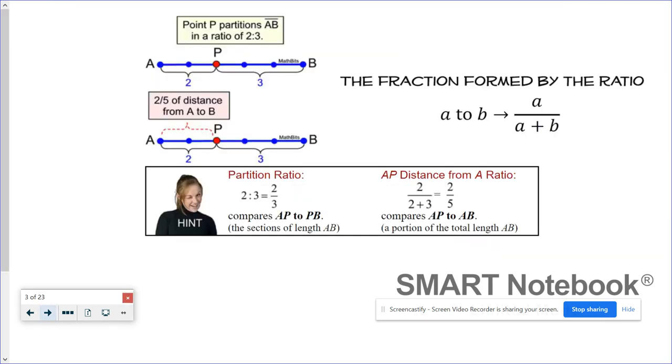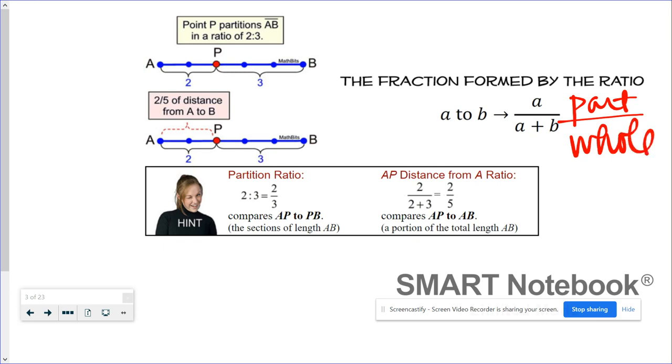Okay. So one of the things that we utilize in these partitioning problems is this fraction formed by the ratio. And so if you have a ratio A to B, the fraction formed by it is A over A plus B. It's like part over whole.